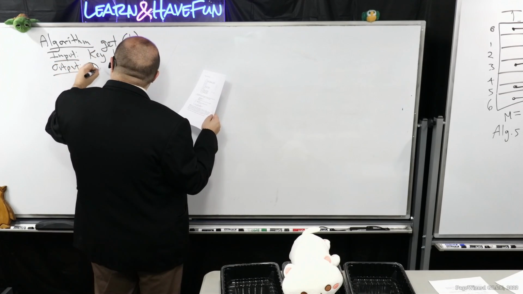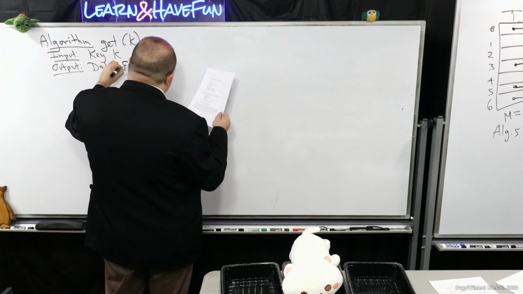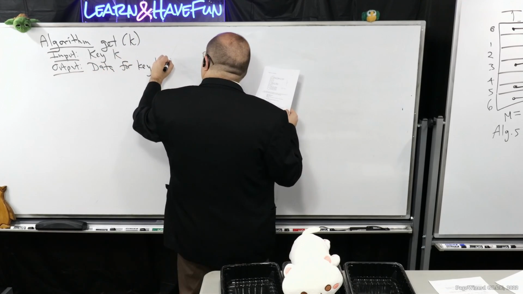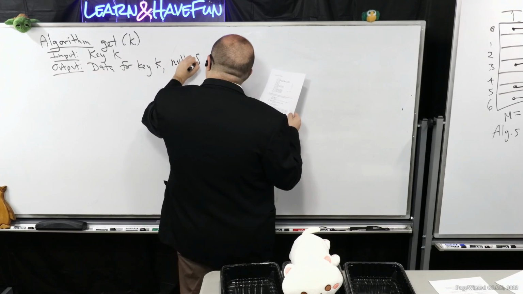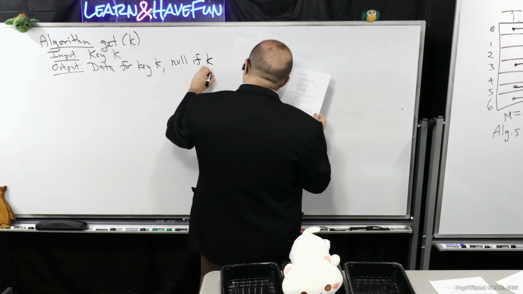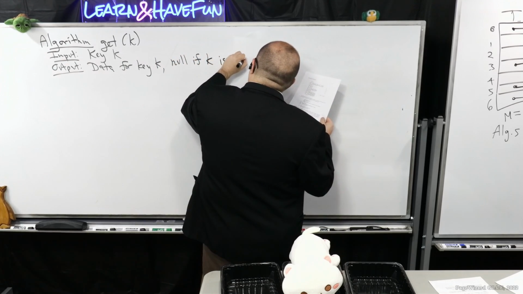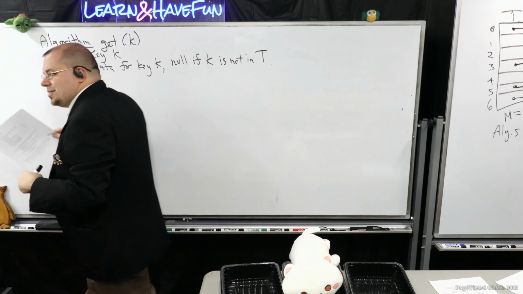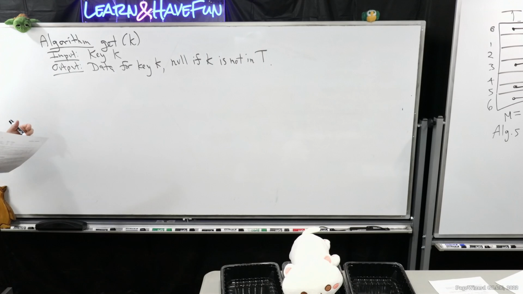Output: the data for key k, and null if k is not in capital T, the table. So it returns null otherwise.